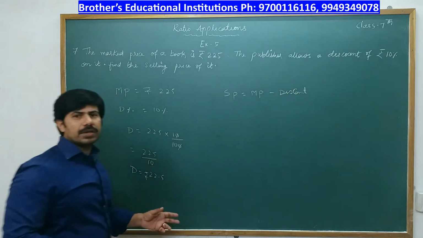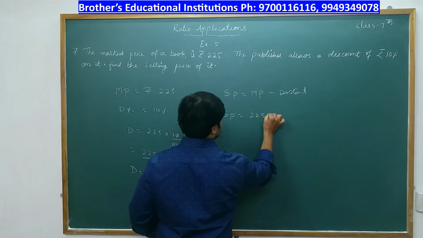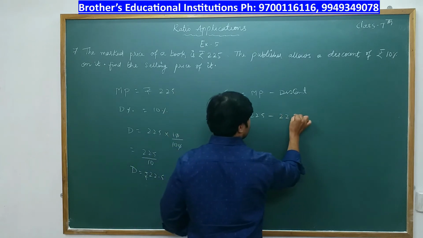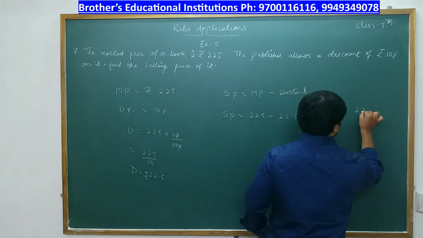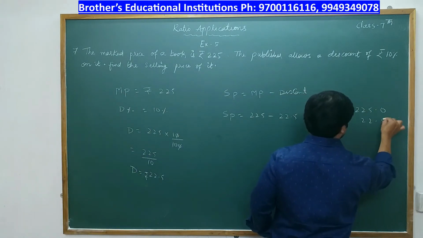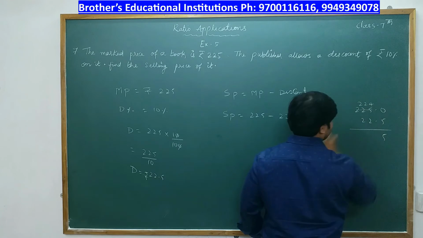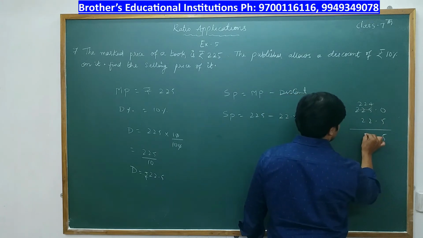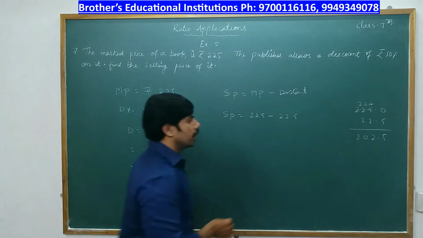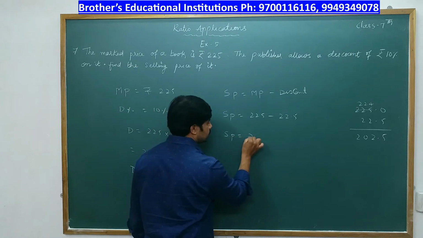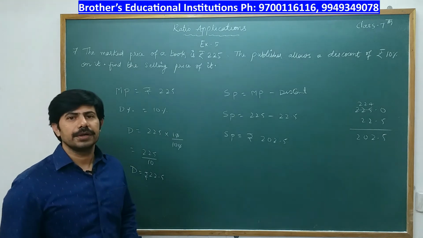Marked price is 225 and discount is 22.5, so we do 225 minus 22.5, which gives 202.5. So the selling price is rupees 202.5. Okay, this is completed.